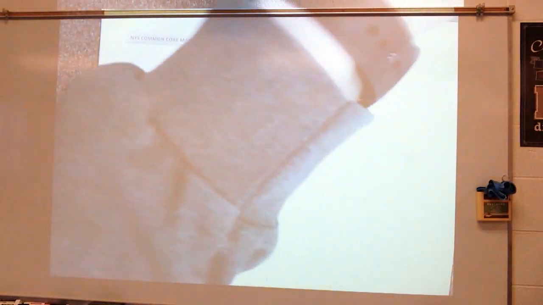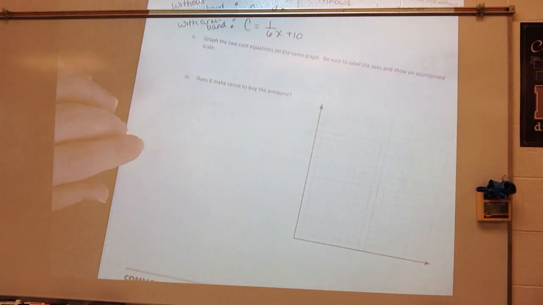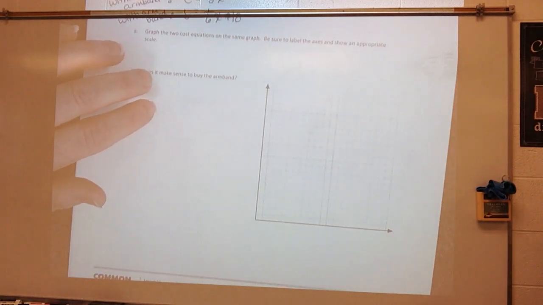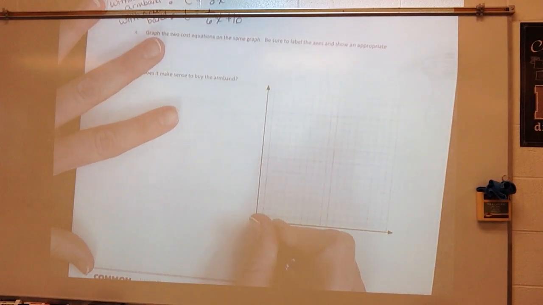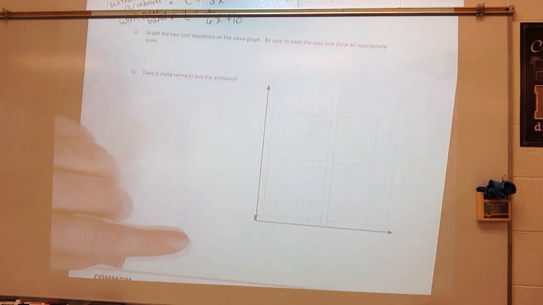Alright, now, the second thing they want us to do is graph the 2 equations. So we're going to come down here, and I'm going to tell you that graphing this, our scale is going to be a little different. Alright, so I'm actually going to put a break here. Alright, and then I'm going to start counting like 11.